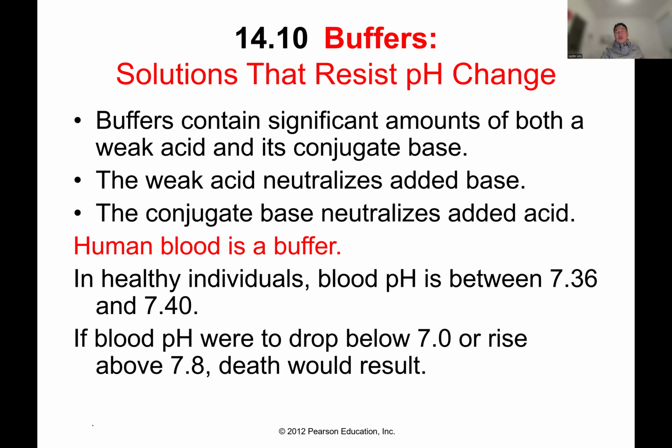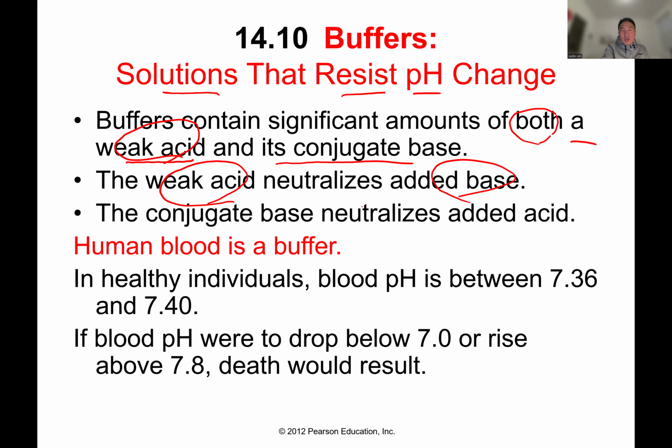Okay, we need to know the definition of buffers. Buffers are solutions that resist pH change. A buffer contains significant amounts of both a weak acid and its conjugate base. So the weak acid neutralizes added base, and the conjugate base neutralizes added acid.